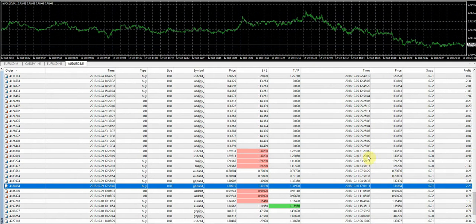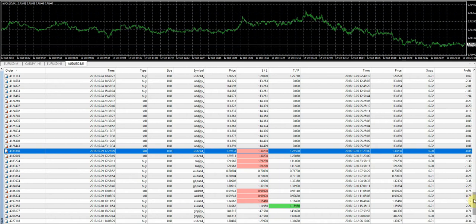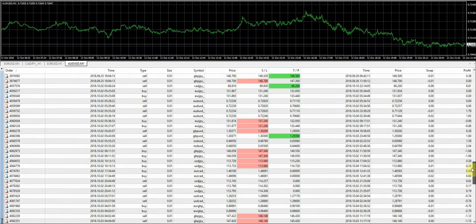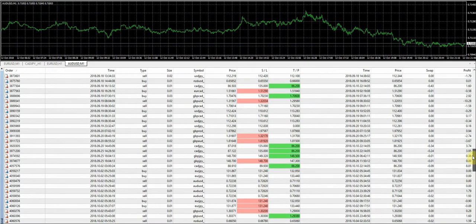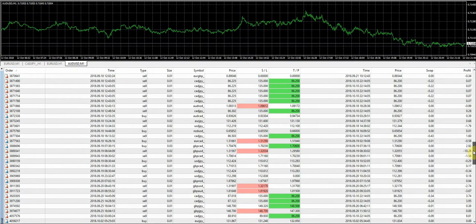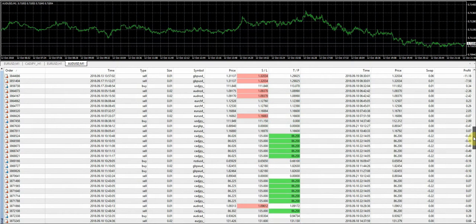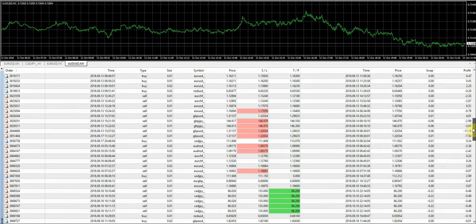Let me scroll up a little bit here and see if we have anything from 10.8 that's closed from previously in other currency pairs. Here's one. I think that's, yep, CAD Japanese yen. Let's keep going here. Those are all CAD Japanese yen as well.